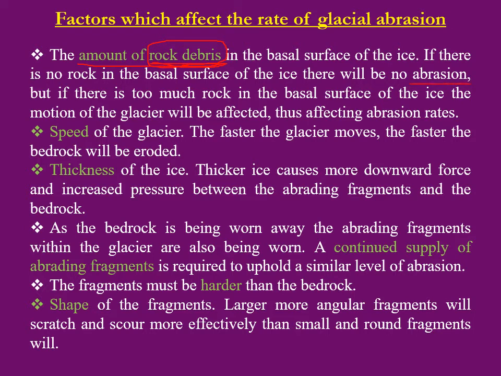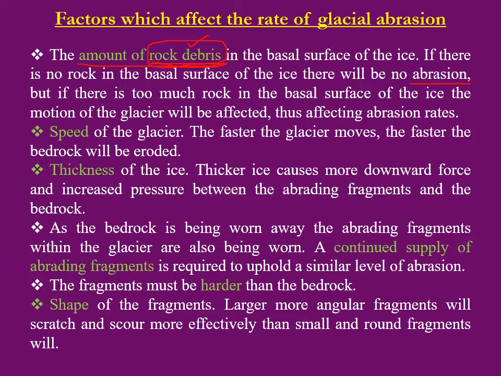More and more rock debris within the glacial ice mass means more and more abrasion going on, more striation marks and more groove marks will occur. Whereas with pure glacial ice, that means a lesser amount of rock debris, there will be less abrasion going on.